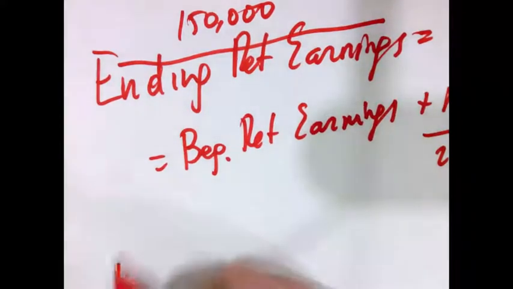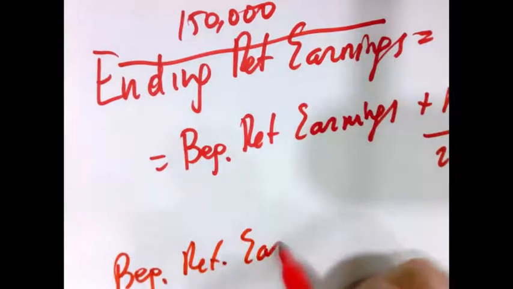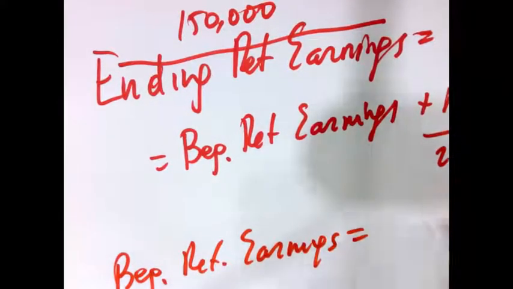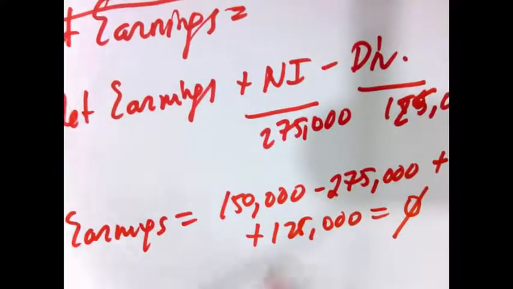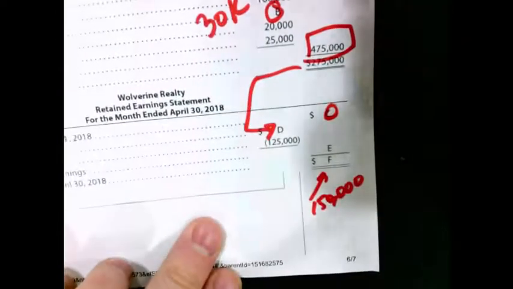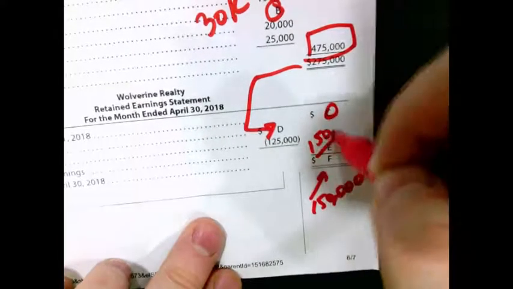Beginning retained earnings is simply 150,000 minus 275,000 plus 125,000, and it's actually zero. So C is zero, and that means the change in retained earnings was just 150,000. That's E.